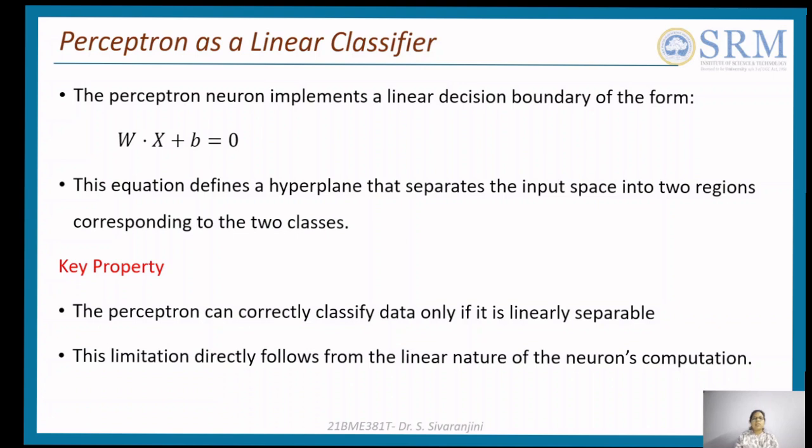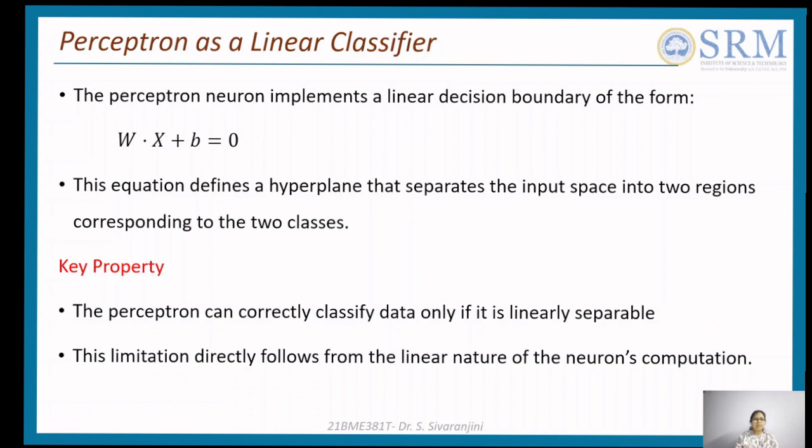Okay. So in a linear classifier where the perceptron is used, this equation defines a hyperplane that separates the input space into two regions corresponding to the two classes, right? On the whole, the perceptron separates the data using a straight line, or a hyperplane, represented by wx plus b equal to 0.